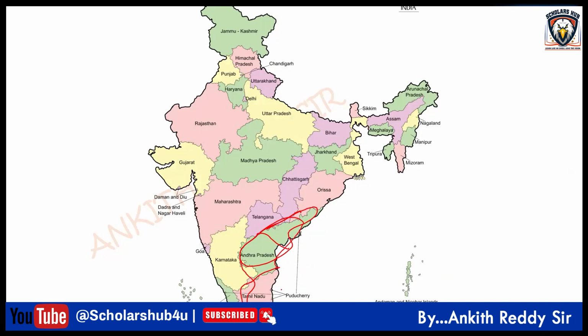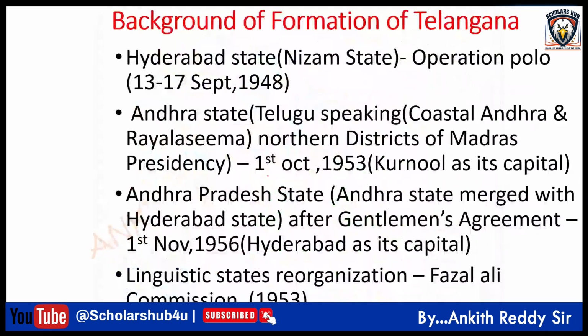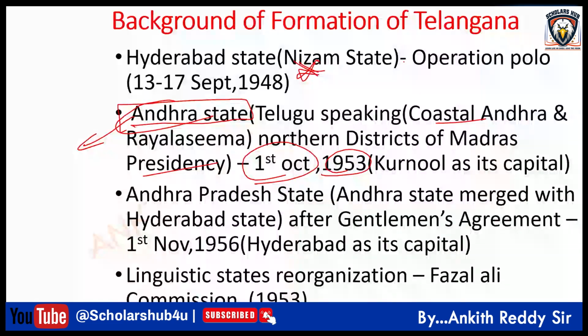So in the year 1953, on October 1st, Andhra state was formed. Which areas were part of this Andhra state? Coastal Andhra and Rayalaseema, not Telangana. Remember, not Telangana. Hyderabad state was an independent state back then.